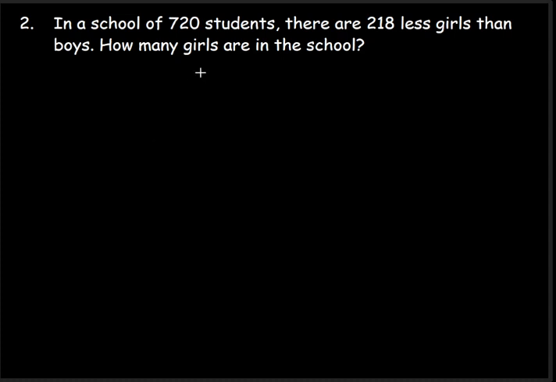So let's move to number 2. In a school of 720 students, there are 218 less girls than boys. How many girls are in the school? In a school of 720 students, there are 218 less girls than boys.